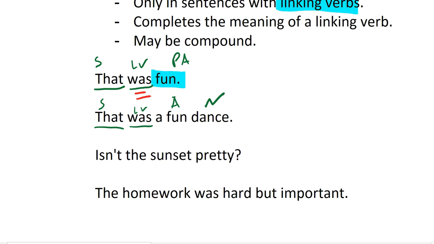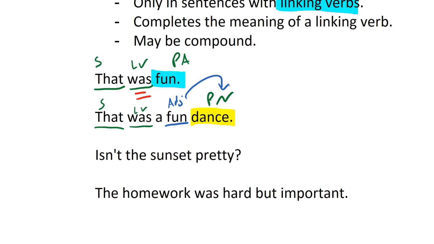So the question is, do I have a predicate adjective or a predicate nominative? The answer is, if there is a noun that can act as a predicate nominative, then it is the predicate nominative. So this is a PN, and the word fun in this case is just a regular adjective describing the word dance. So there is no predicate adjective in this sentence.